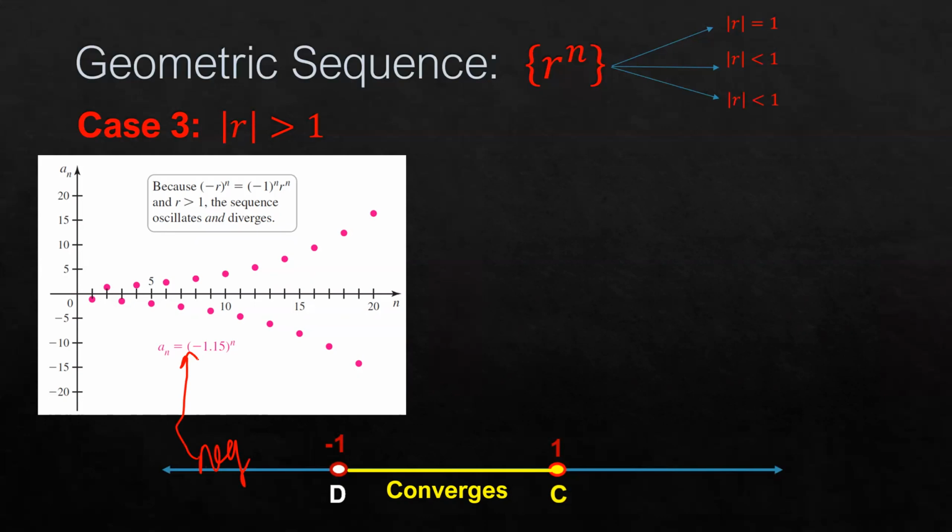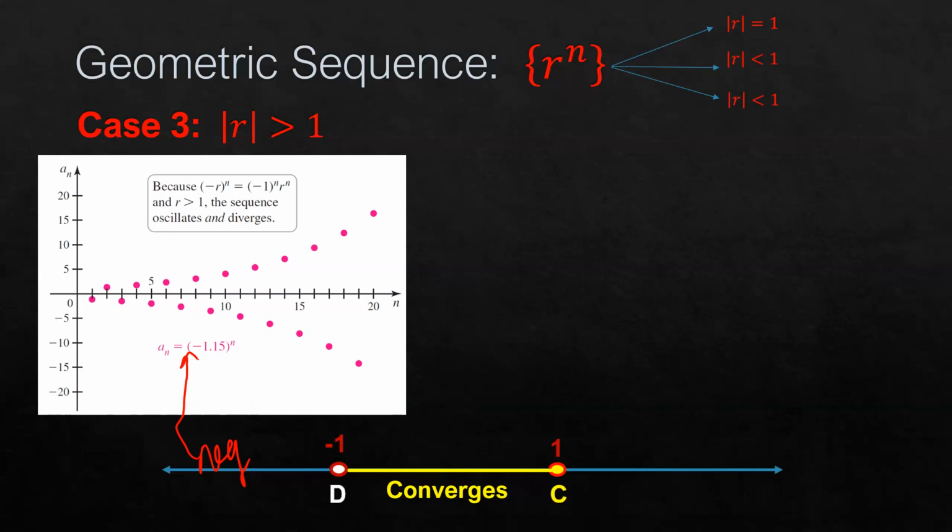And so negative as a ratio r raised to the nth power, again, it's going to bounce back and forth between negative and positive, but because you're multiplying by a factor that is greater than 1, in this case 1.15, meaning you will have 115% of what you had before.